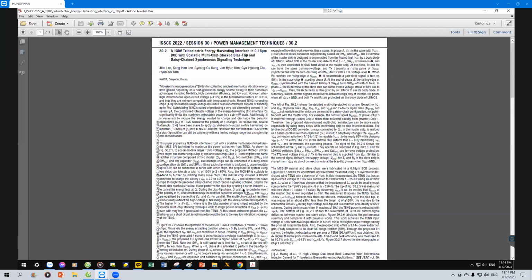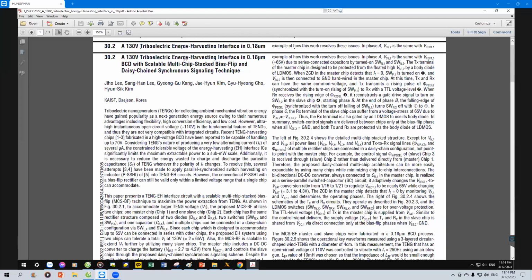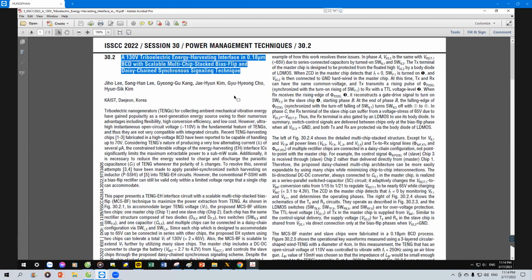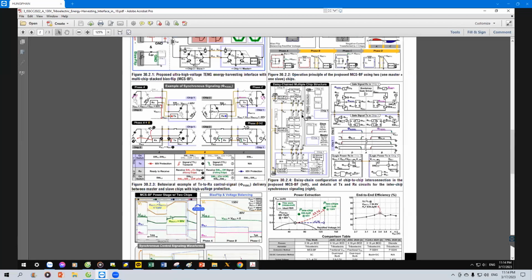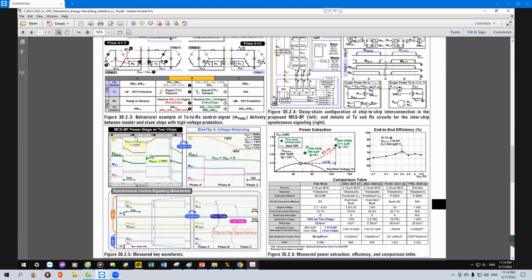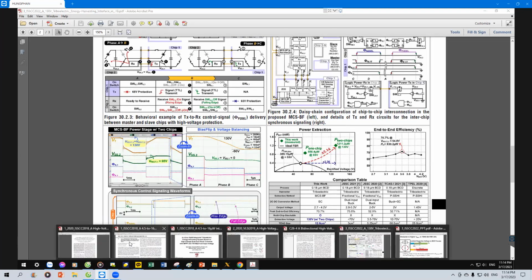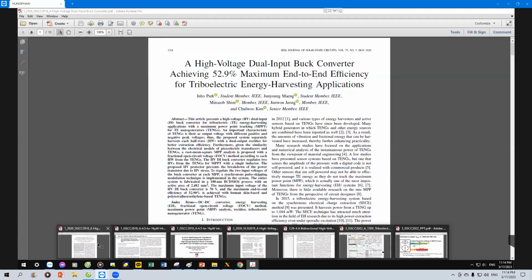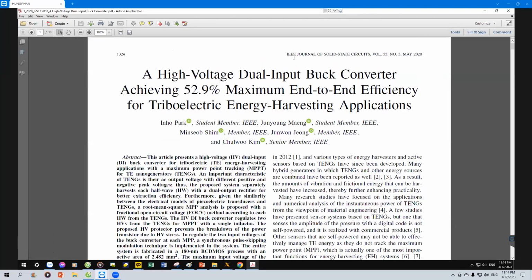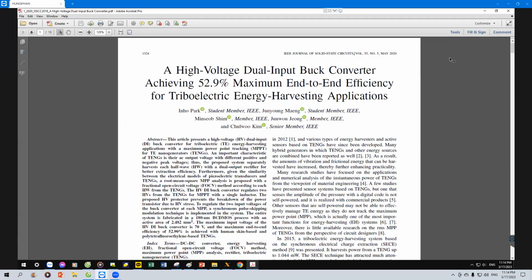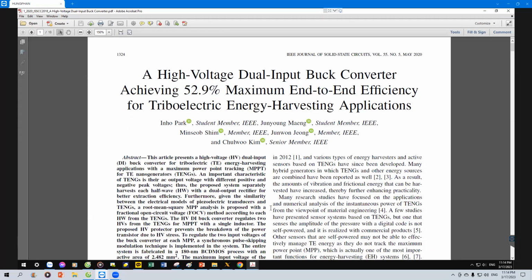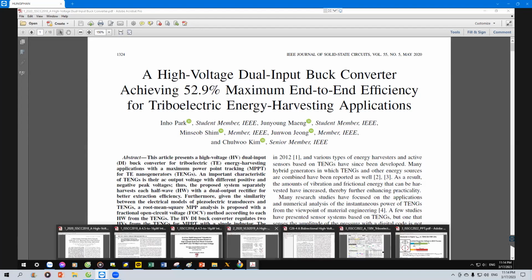For you guys now, it is really difficult to read conference papers because you don't have much experience with circuits. So for you guys, journal papers are easier to read, right? Normally, a journal paper is an extended version of the conference paper.